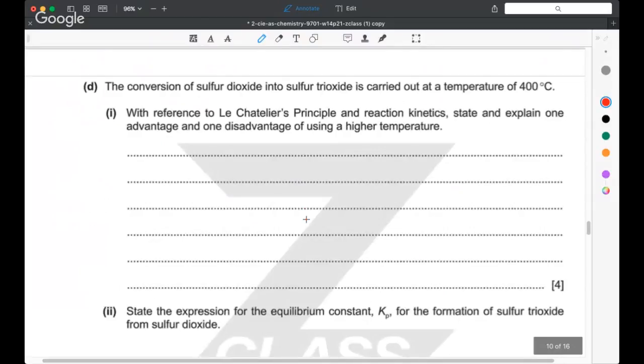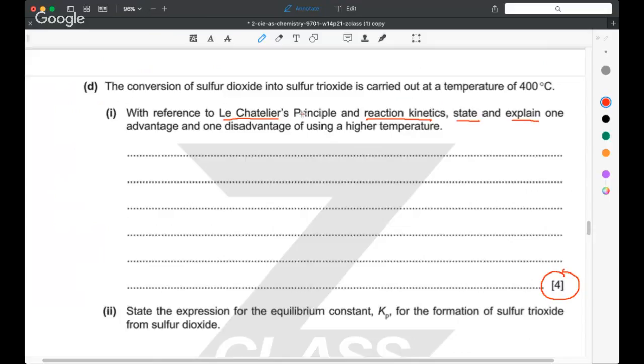Now, the examiner said the students have got a spot. You've got quite a large space in the exam paper here. You've got 4 marks, and a couple of command words to look out for: state and explain. You've got to reference Le Chatelier's principle and reaction kinetics. So that's where your 4 marks are going.